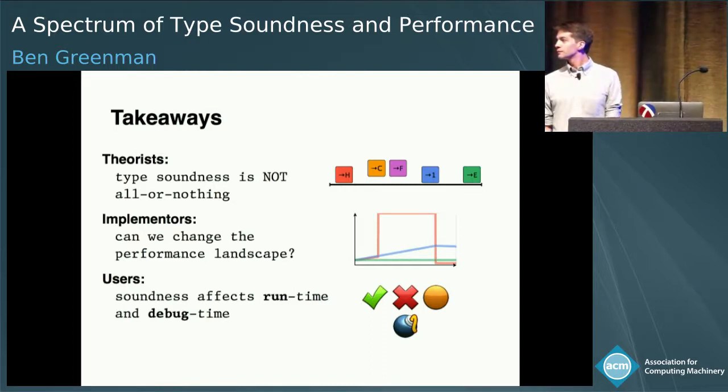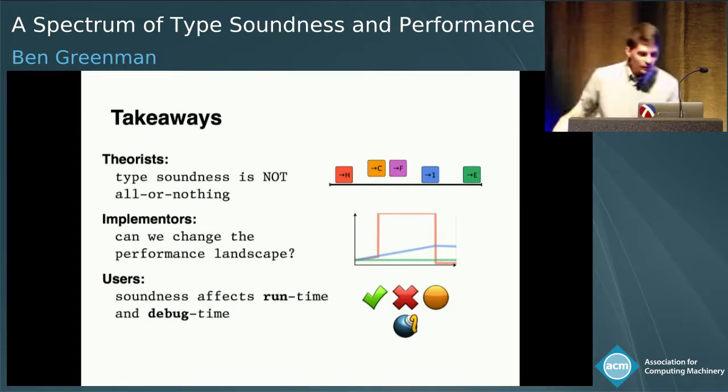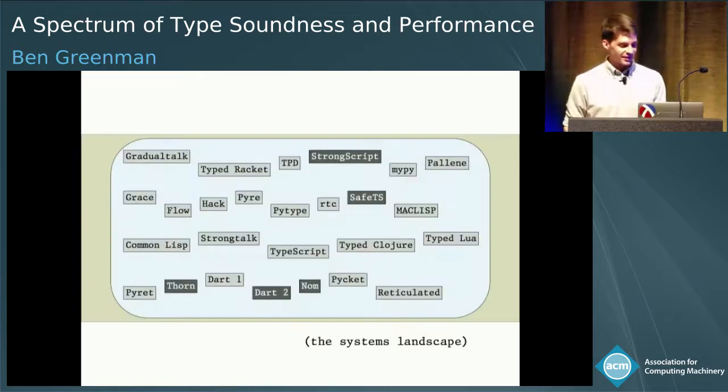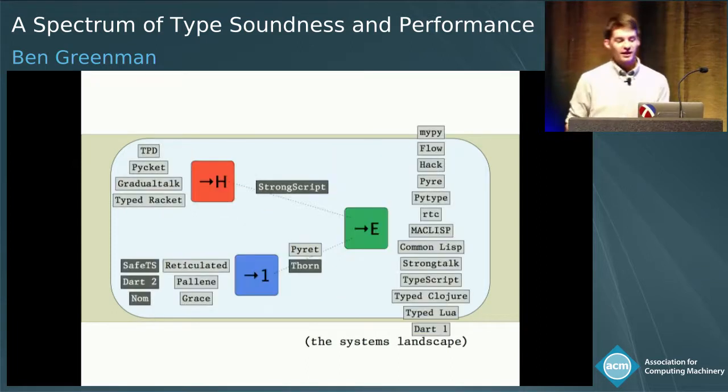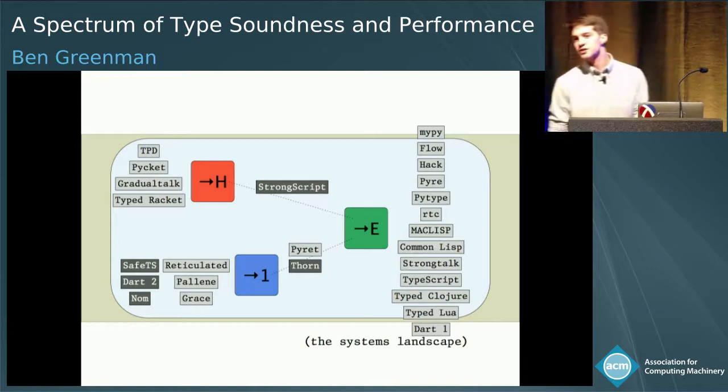A related question is, where does the approach of concrete typing fit? Let's see. I'm going to answer a different question. We saw all these names at the start, and some of these names are in black boxes. And the names in black boxes didn't appear on the final slide where I had H, 1, and E. Here's the full picture with all the names positioned.